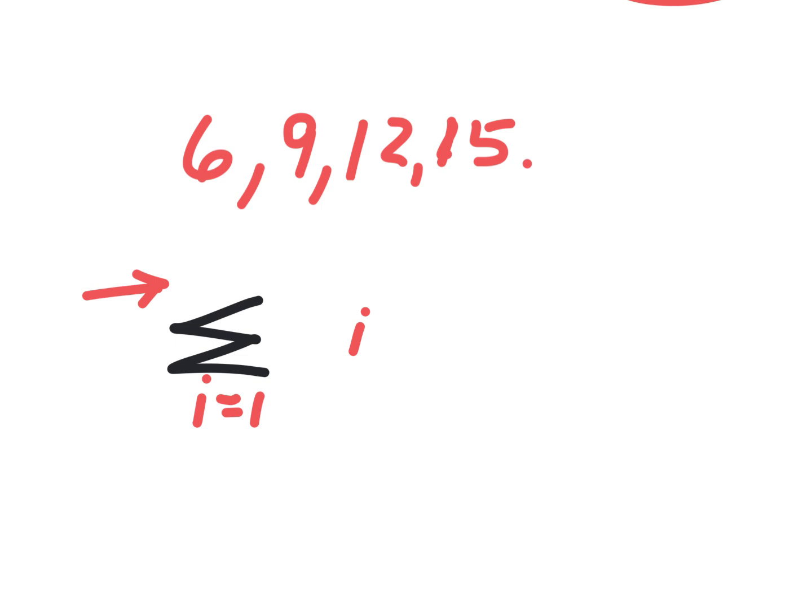The kids were trying to put a 6 here, and it wouldn't work. Because when you put in 1, it gives you 6. But when you put in 2, the next number, it gives you 12 and it skips over the 9. So don't put a 6 there.